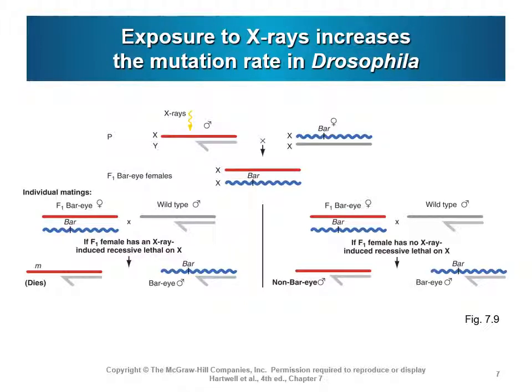In case the female has no X-ray induced recessive lethal on X, then both offspring will survive. Just one will have Bar and the other will not have Bar.